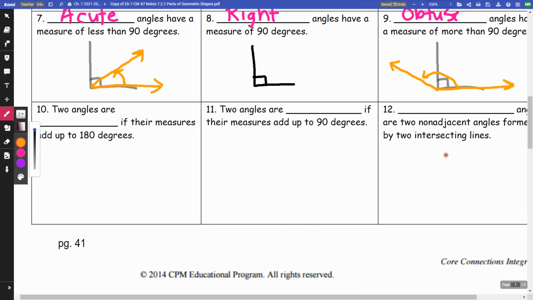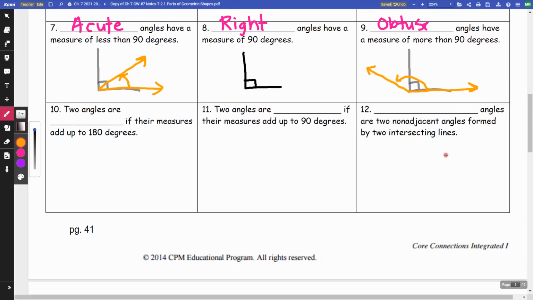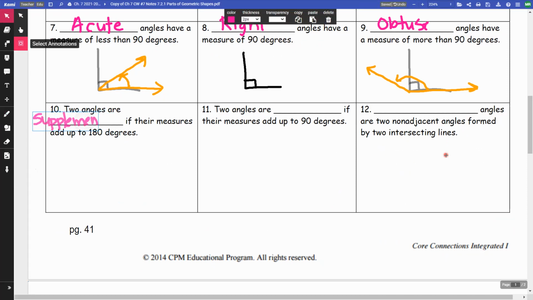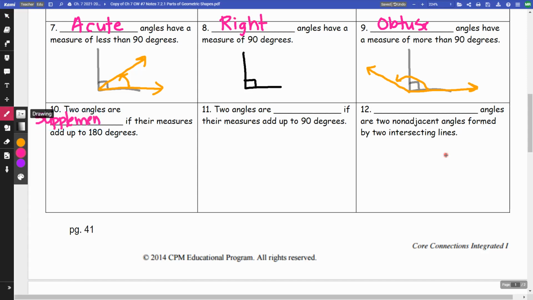On number 10, two angles are blank if their measures add up to 180 degrees. So this is going to be supplementary. Two angles are blank if their measures add up to 90 degrees.